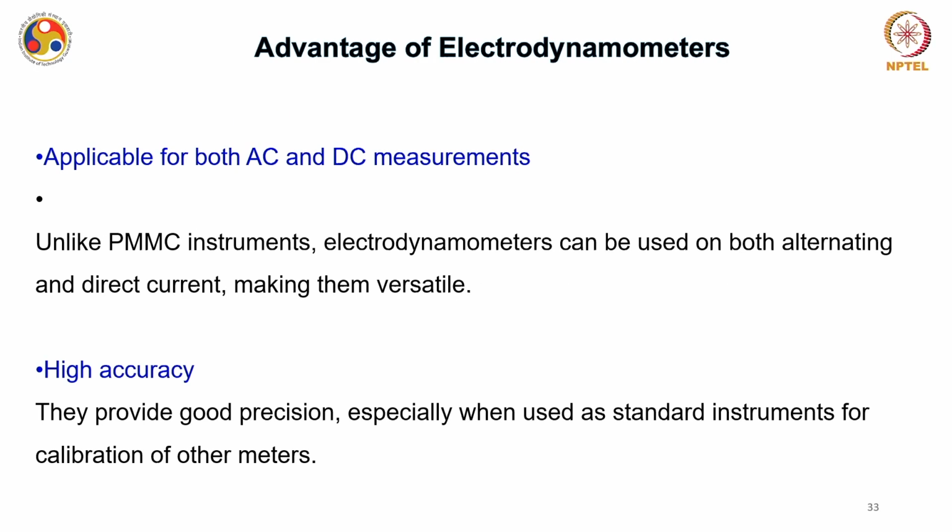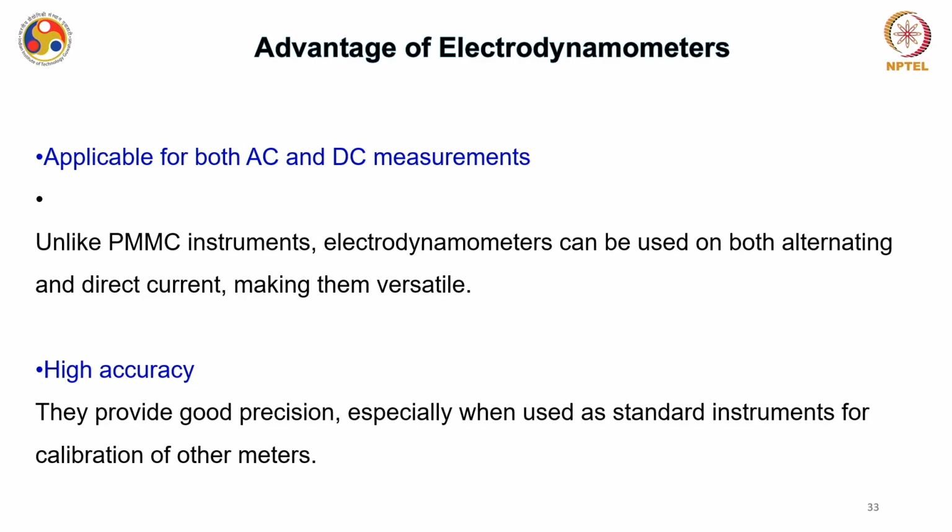So these are some of the sources of errors which can be introduced into electrodynamometer instruments. Although industry tries to minimize these errors when making such instruments, some error still persists.